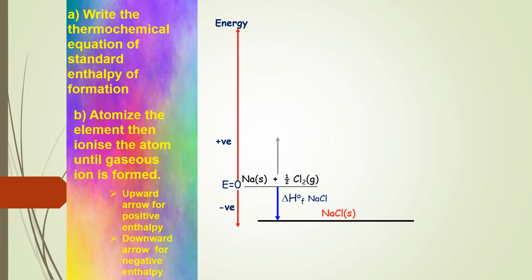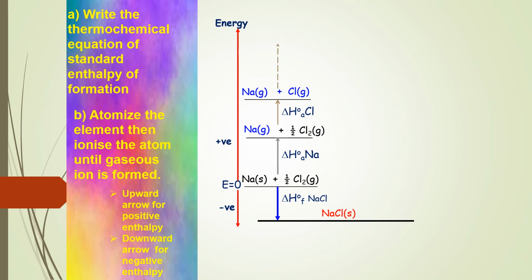Next, write the equation for atomization of sodium, then atomization of chlorine. Ionize sodium gas, then ionize chlorine atom.